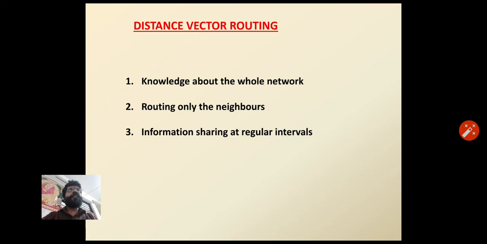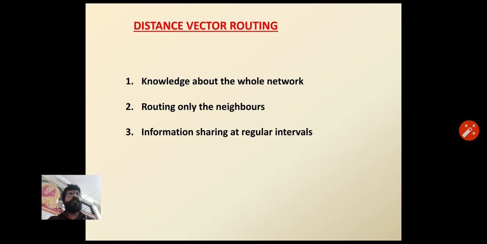And the information can be shared on which basis? Regular interval. For example, suppose 30 seconds. That means each node transmits the whole network information to its neighbors every 30 seconds. How can information be shared?